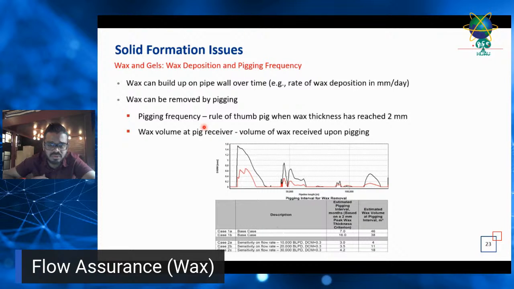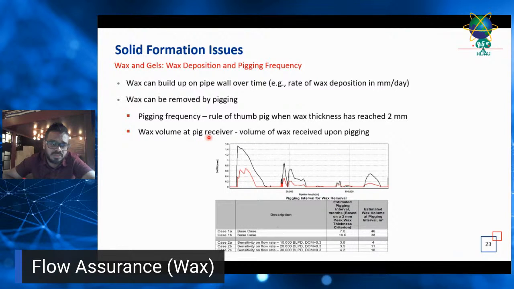To derive or identify the pigging frequency for your flow line, the rule of thumb that we use is that we pick when the wax thickness reaches 2 mm. Once it reaches 2 mm, that's when we determine the pigging frequency for your flow line.